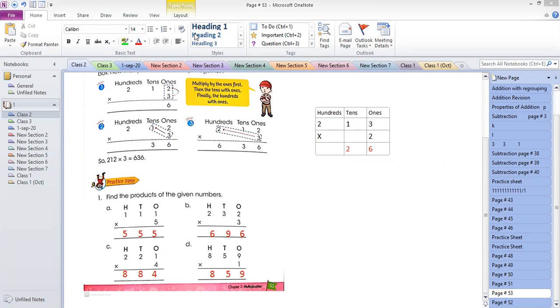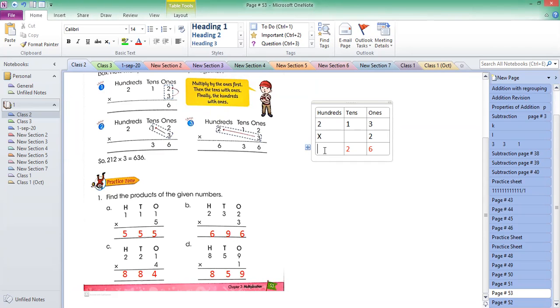Amal. Yes, Amal. What number should I write here in the hundreds? 4.